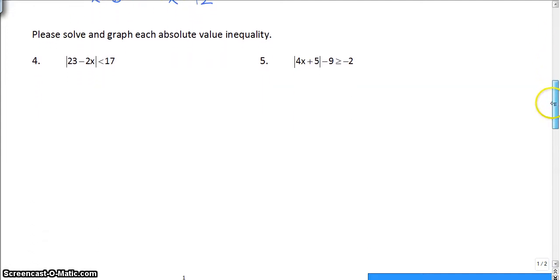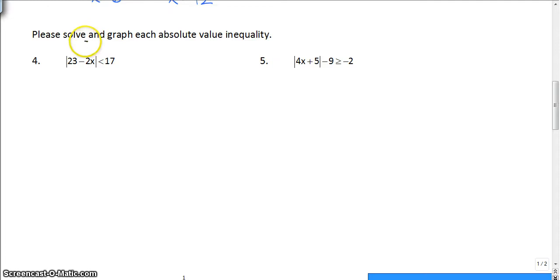Okay, so solving and graphing absolute value inequalities. The other day we talked about inequalities and compound inequalities specifically, AND and OR statements. Absolute value inequalities are either going to be an AND statement or an OR statement. How can you tell? Well, you can tell by the direction of the symbol.